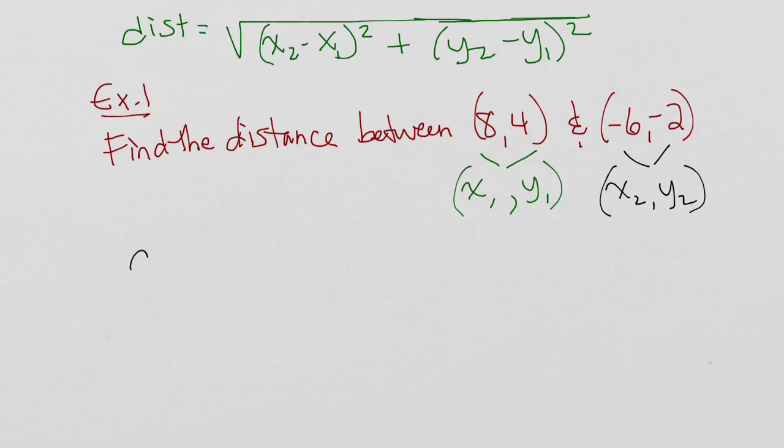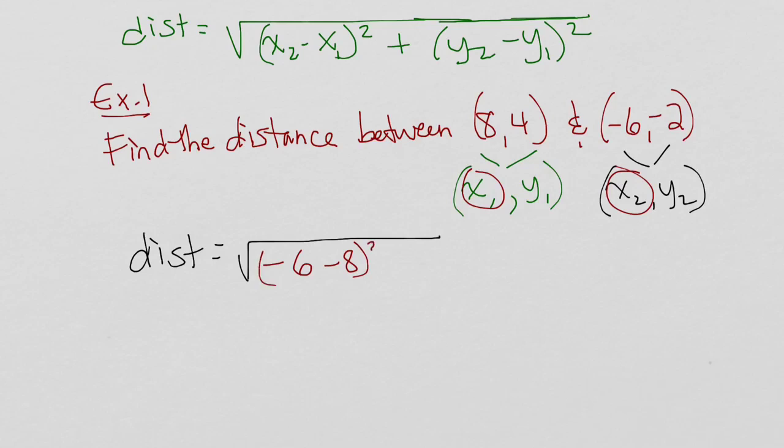So the distance between those 2 points is, and now here's where I plug in the formula, x2 minus x1. So here's my x2, here's my x1. So it's going to be negative 6 minus 8, that quantity squared.